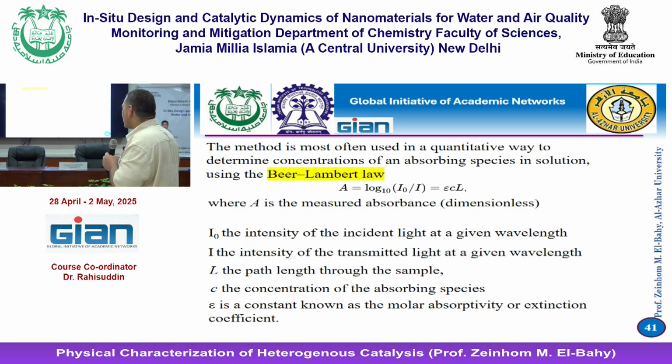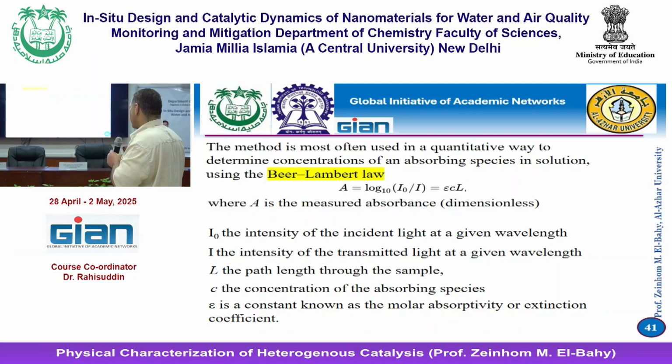A equals log I naught over I equals epsilon C L, where A is the absorbance. Absorbance is dimensionless, and I naught is the incident light, and I is the transmitted light, whereas L is the path length through the sample, which is almost 1 centimeter, and C is the concentration.